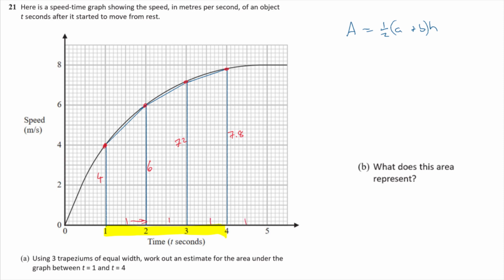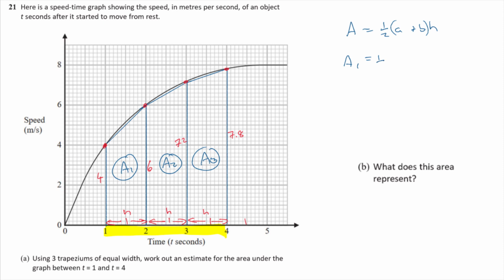That's h because they're lying on their sides. So each one of these has a height of 1. So h is the same for all of these. So we're just going to find 3 areas: area 1, area 2, area 3, and then add those areas together.